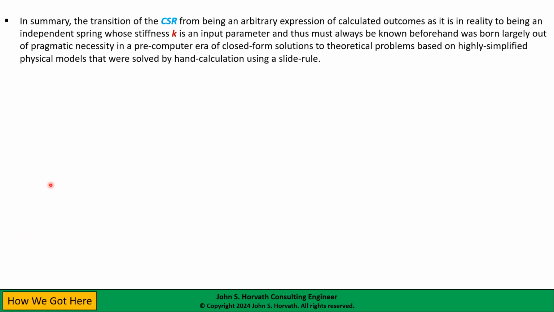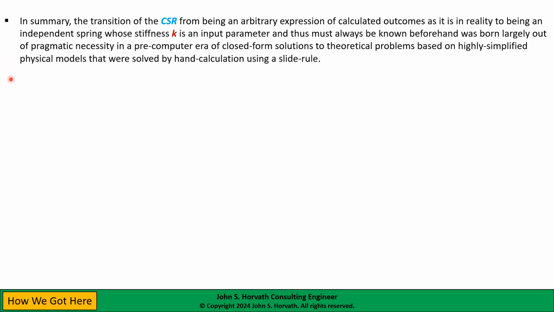So to sum things up, the transition of the coefficient of subgrade reaction from being an arbitrary expression of calculated outcomes, as it is in reality, to being an independent spring whose stiffness K is an input parameter and thus must always be known beforehand, was born largely out of pragmatic necessity in a pre-computer era of closed-form solutions to theoretical problems that were based on highly simplified physical models that had to be solved by hand calculation using a slide rule.